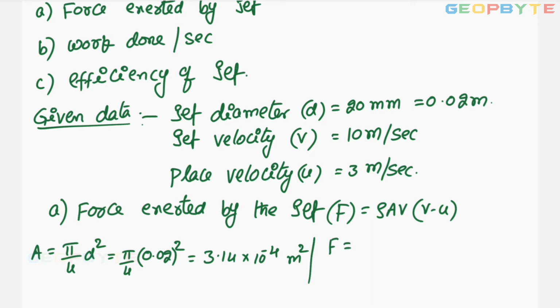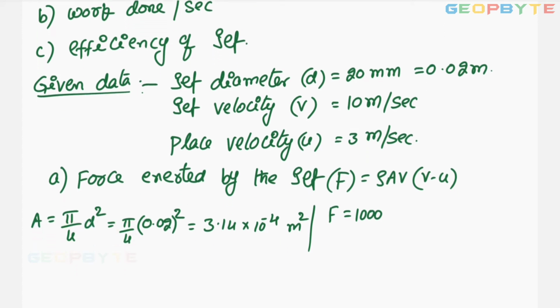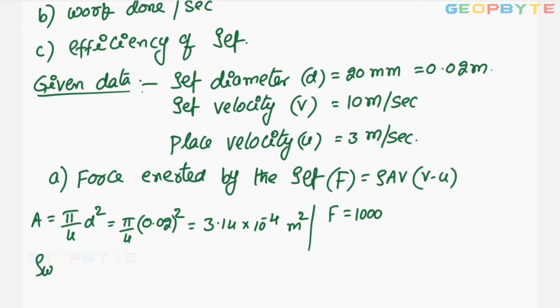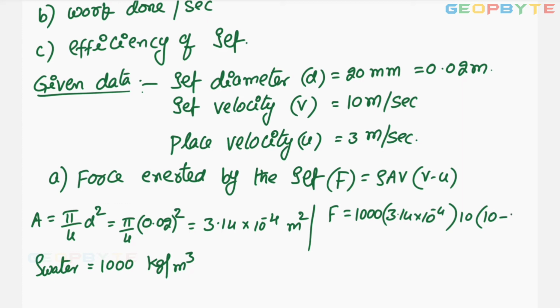Then let us substitute all the values. Force F equals density of the water, 1000 kg per meter cube, that is constant, into area 3.14 into 10 raised to minus 4, into V is 10, into V minus U, 10 minus 3.